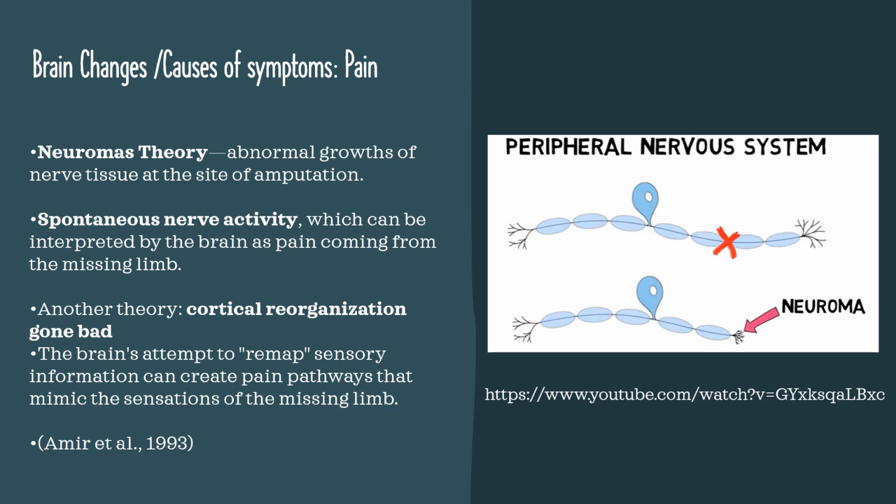This concept of cortical reorganization gone bad leads us to thinking about how phantom limb syndrome fits within the larger context of brain functions, and what it can tell us about brain functions as a whole.